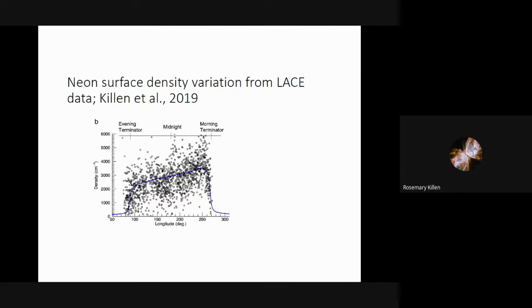So if our number is correct, then there are other sinks for neon, which might be micrometeoritic vaporization or something else like piling up at cold traps at the poles. But anyway, right now there's a discrepancy in the numbers. Okay, next slide.